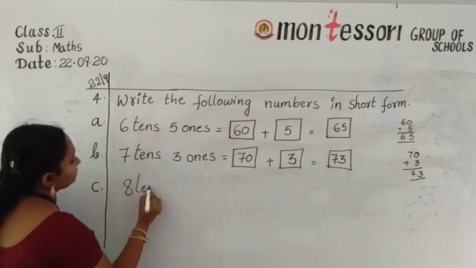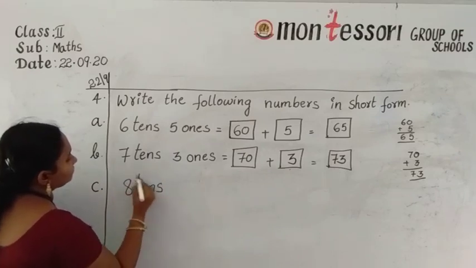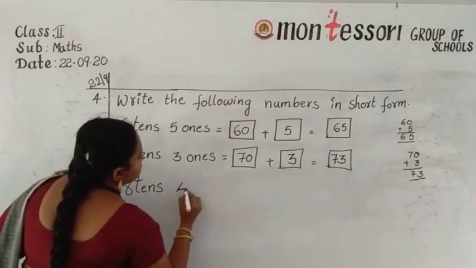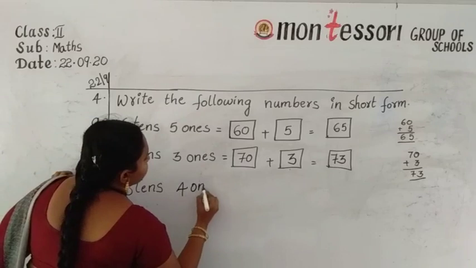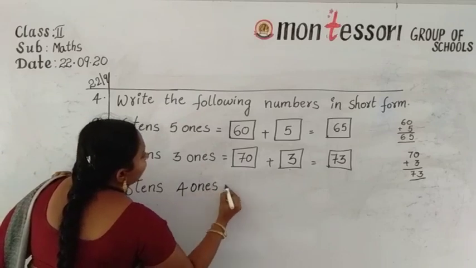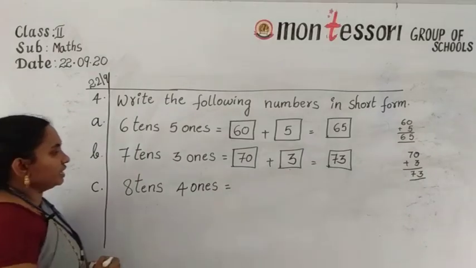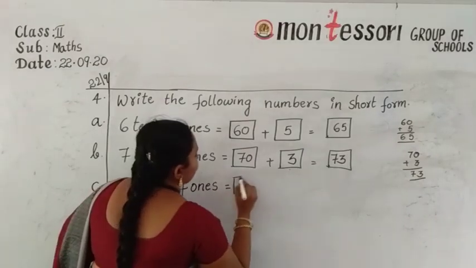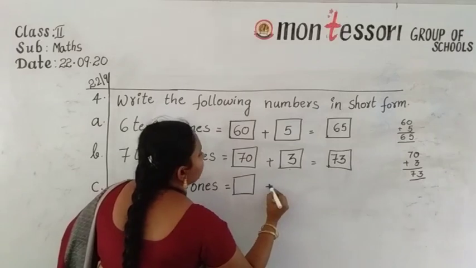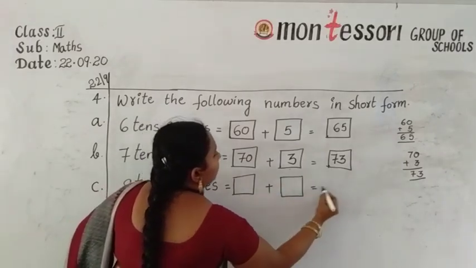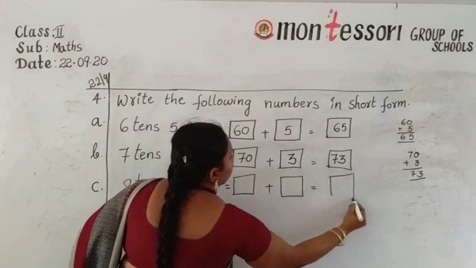8 tens, 4 ones. Understood? So now here again they are given 2 boxes and a plus in the middle and equal to another one box.